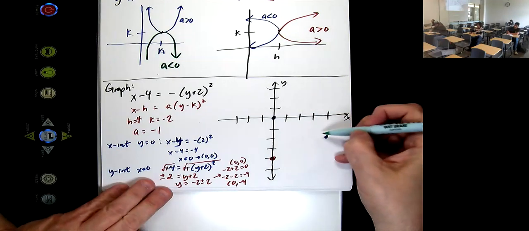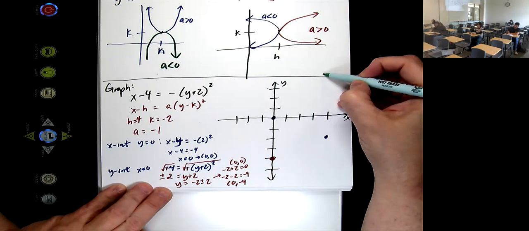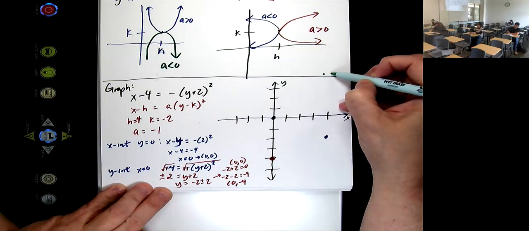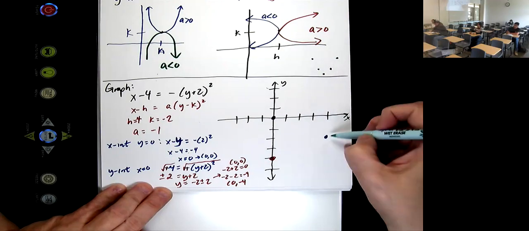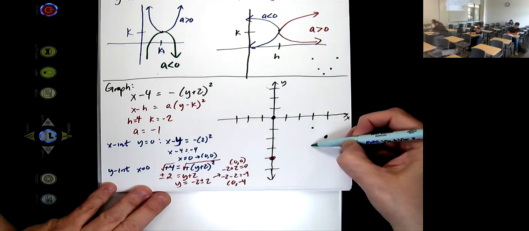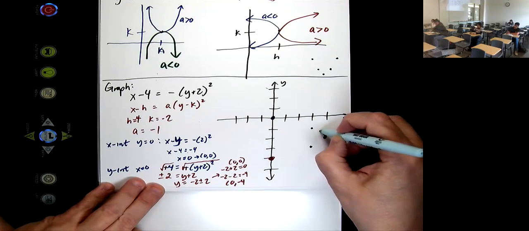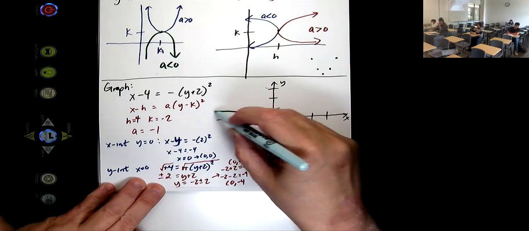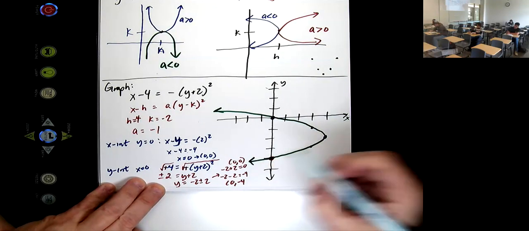Just like we did for parabolas going up, we would go left to right 1 and up 1, left to right 2 and up 4. The same thing is happening here because a equals negative 1. So I know I got points there. But I didn't even need them. Having the intercepts alone is enough to give me a good idea of what that graph looks like.